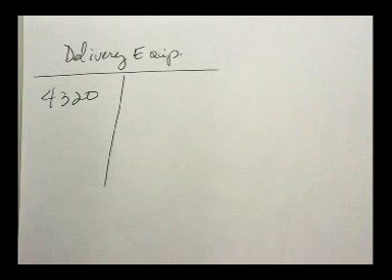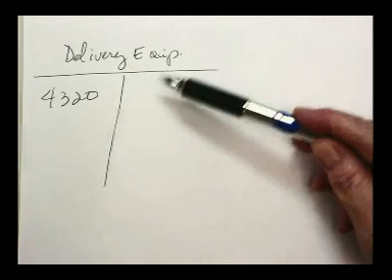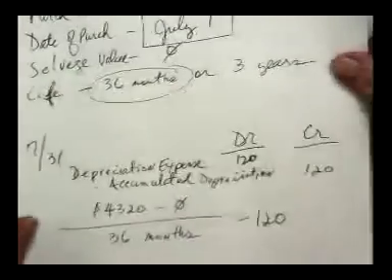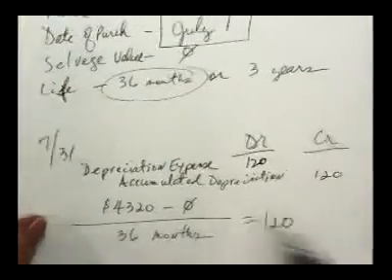But every month, we just said, well, this thing is expiring, or we're using it up, at the rate of $120 a month. Why don't I just go in there to my delivery equipment account and credit it every single month for 120? Because that's technically an expense, isn't it? Well, the debit is the expense. So I am debiting an expense for 120. It's the credit.